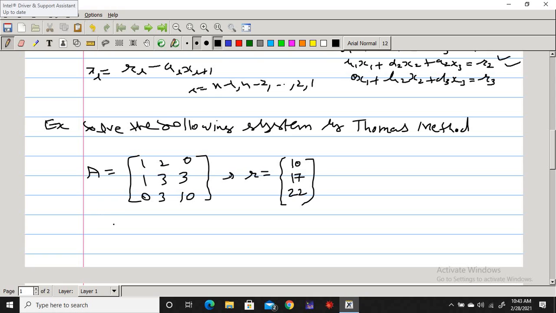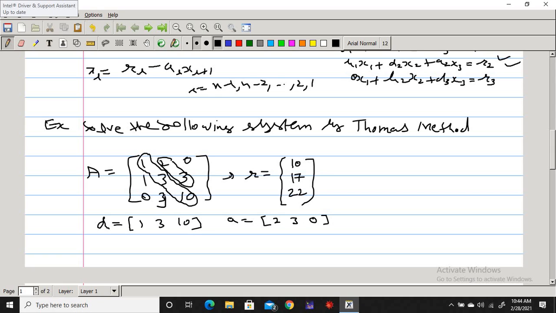So in order to use our algorithm working rule, let's write down what D is here. We know that the main diagonal entries give us D, so 1 3 10. What is going to be above the diagonal? Above the diagonal will be this, and that we represent by A. So A is going to be 2 3, and as we know, the last entry is always going to be 0.